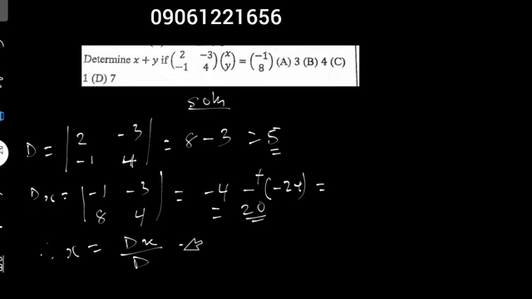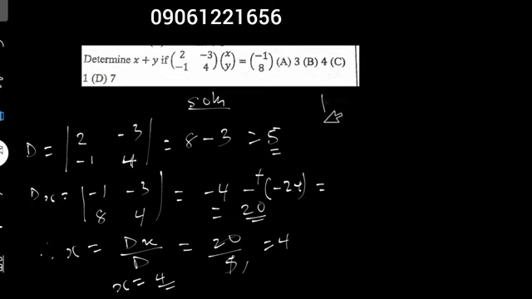So determinant of s we got as 20. So we have 20 divided by our determinant, which is 5. So we divide by 5. 5 here 1, 5 and 20, that is equal to 4. So the value of s is equal to 4.